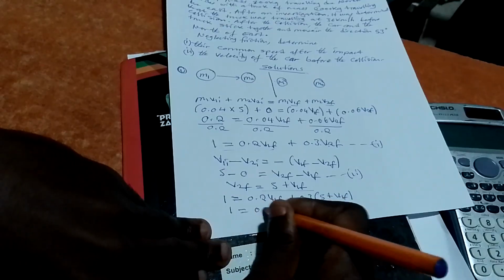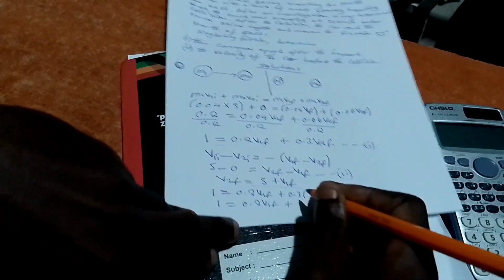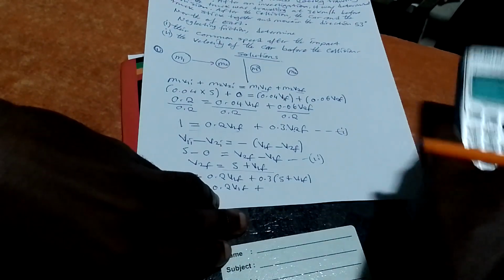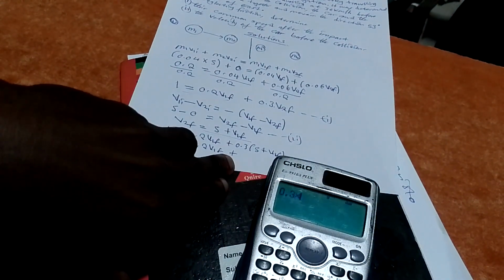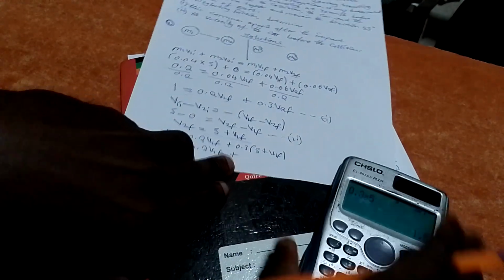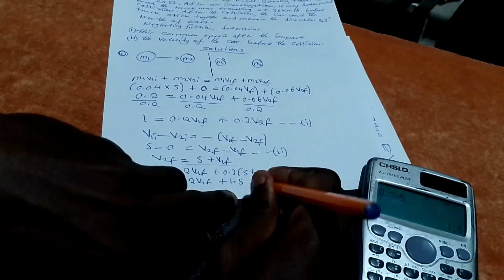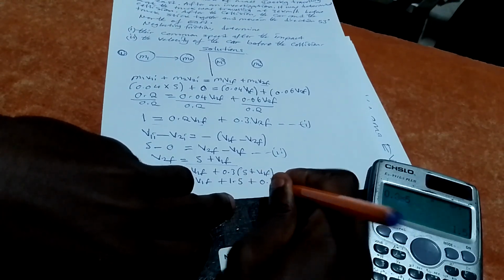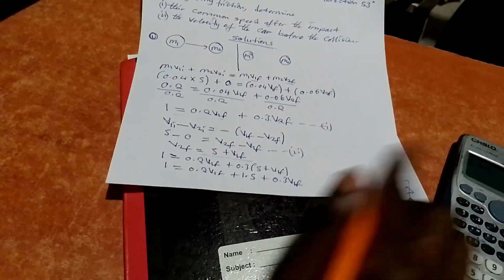So 1 equals 0.2 V1 final plus 0.3 times 5, which gives us 1.5, plus 0.3 V1 final. So this is what we have.